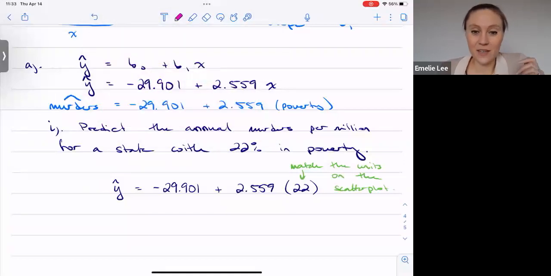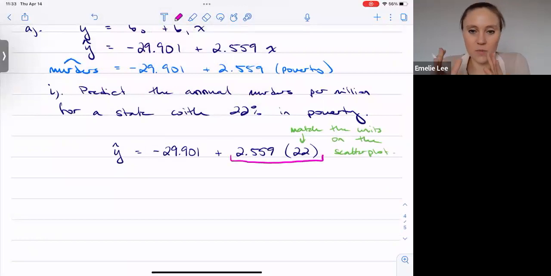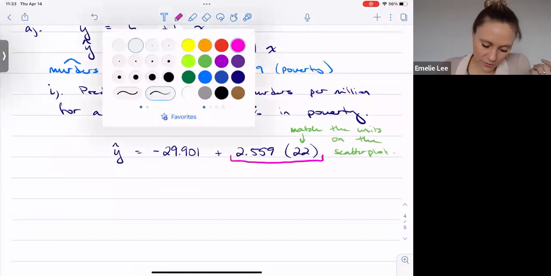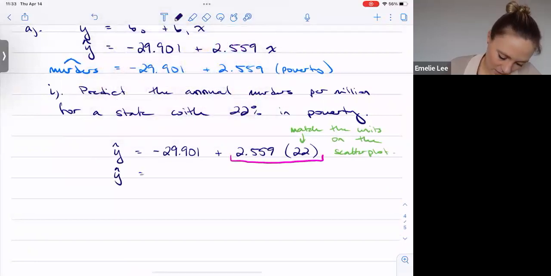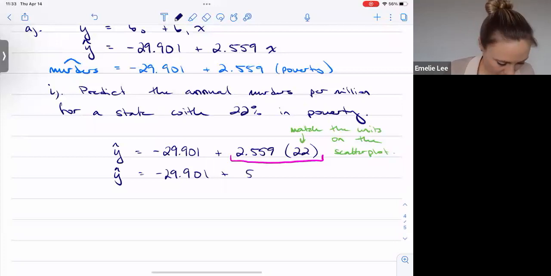Order of operations. This gets at people every time, I know it. We do have to do this multiplication first before we can add to this negative number, which is the same as subtracting it away, but let's just do it properly. So y hat is negative 29.901 plus, I need to grab my calculator, 2.559 times 22 puts me at 56.298.